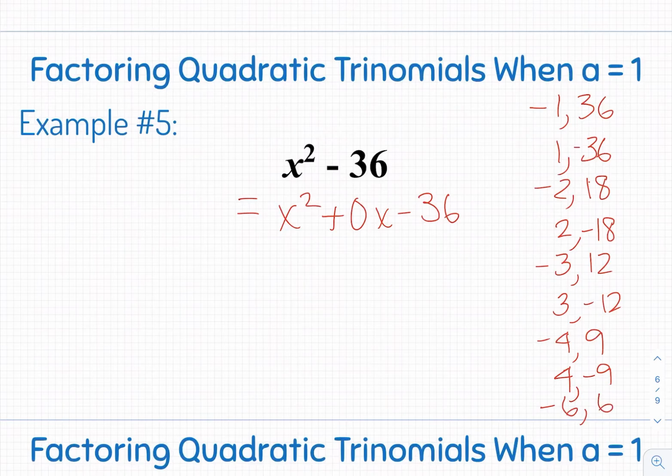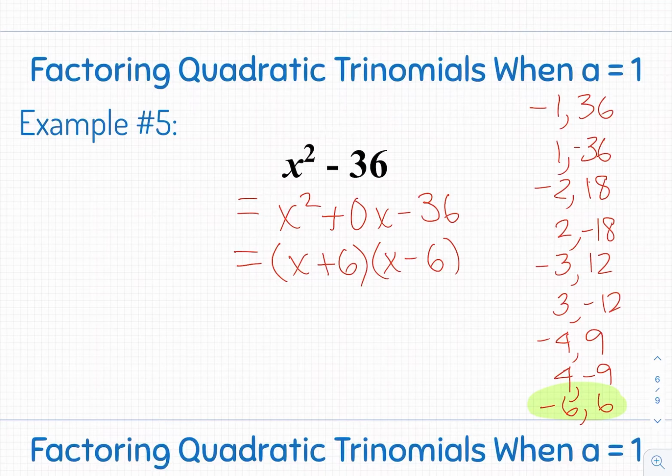And then 7 doesn't go in there, 8 doesn't, and we're back to 9. So if we look through all of these, none of these numbers, except negative and positive 6, would add to equal 0. So our answer ends up being x plus 6 and x minus 6.